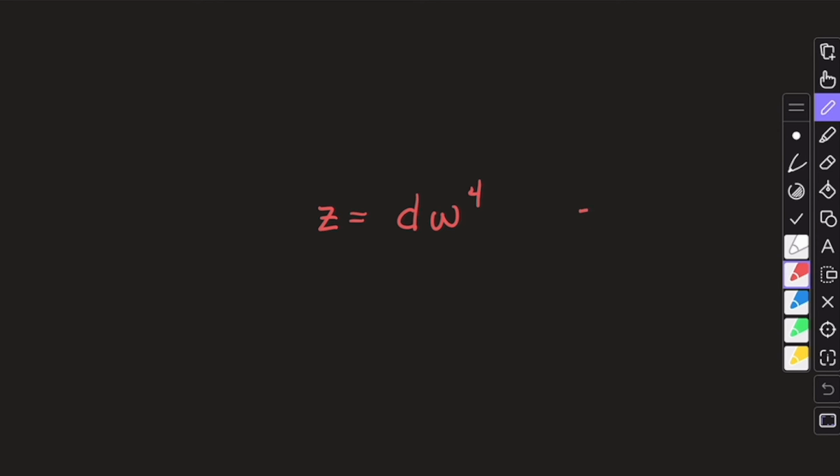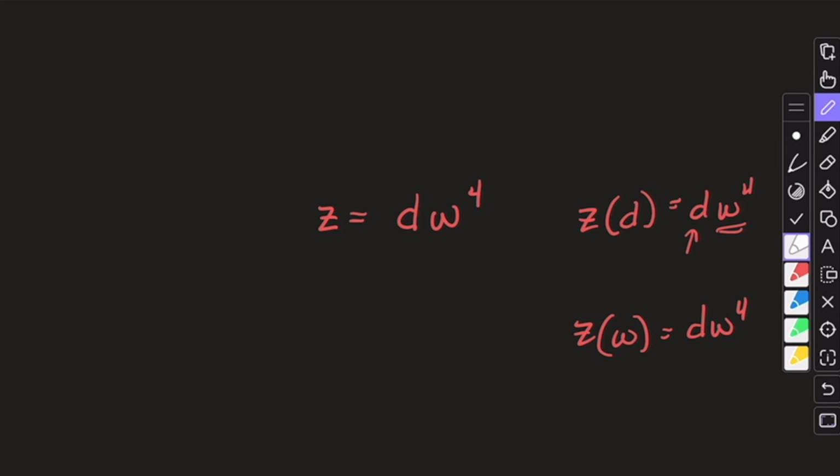I could tell you that z is a function of d, which means w to the fourth is the constant, and d is the variable that's changing all the time. Or I could tell you that z is a function of w, which means d is the constant, and w is the part that's changing all the time.